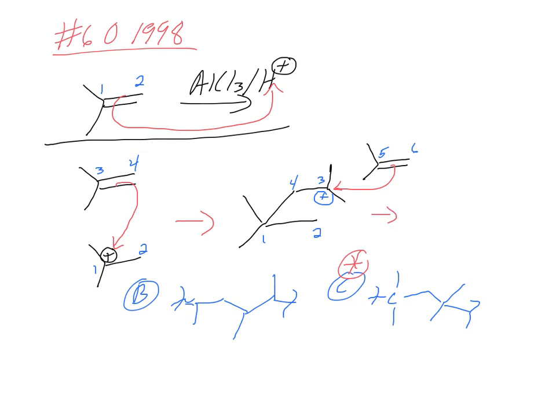So it'd be 1, 2, 4, 3, 5, 6. That should start to look more like C, right? One carbon sharing 2 methyls always. That is C. So it might be a good way to approach some of these polymerization problems. Does that help?